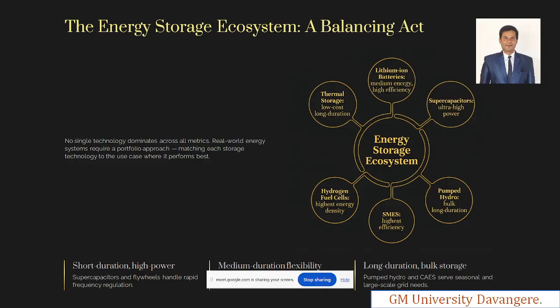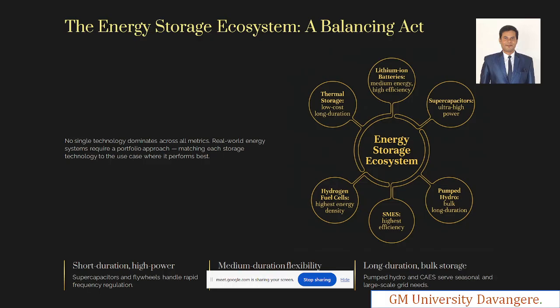If you see the energy storage, we have the entire energy storage ecosystem. This ecosystem talks about how different forms of energy can be stored in different ways. It is based on the application, how we are going to use this for specific applications in the real world of energy systems.